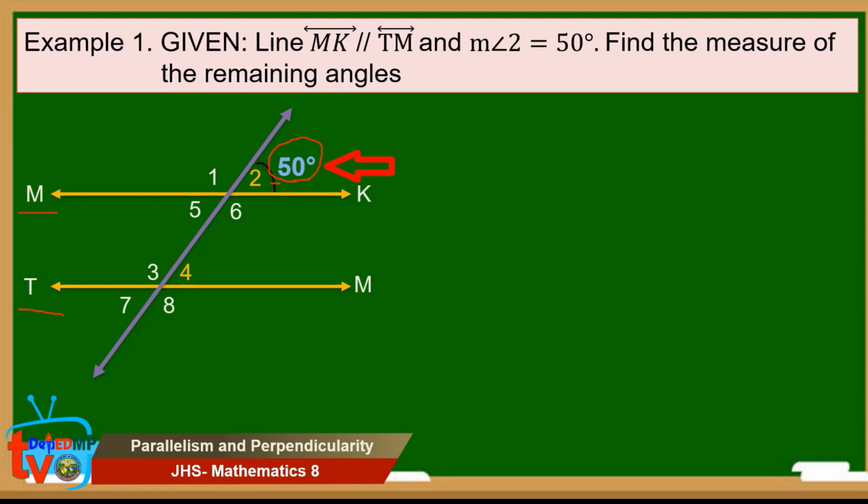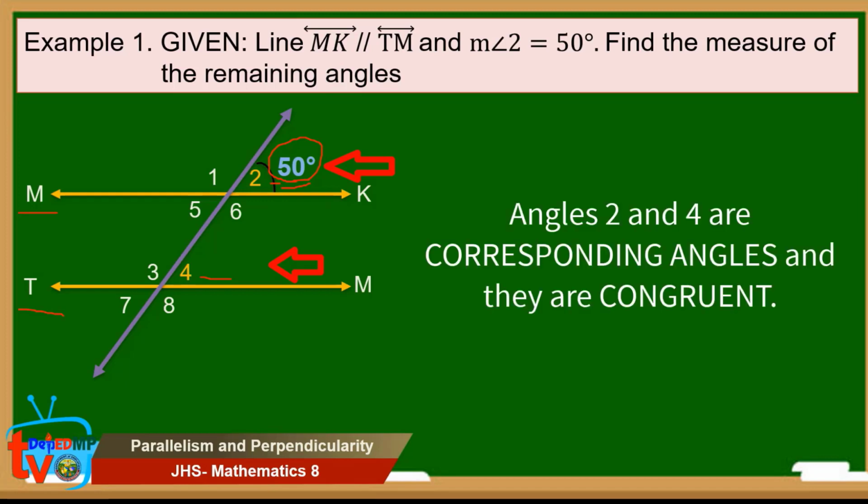Measure of angle 2 and angle 4 are corresponding angles. Third, identify the relationship if supplementary or congruent. Since corresponding angles are congruent, angle 2 is congruent with angle 4.